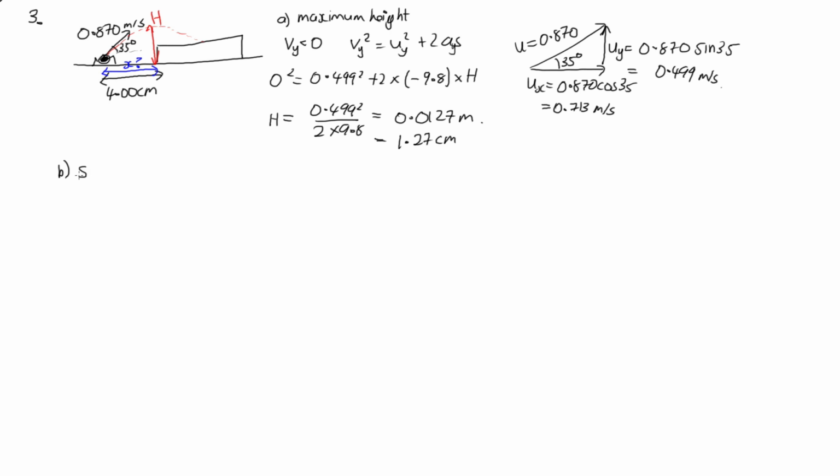So horizontally we can use s is equal to ut plus a half at squared, except that this thing here is 0 because there is no acceleration. So horizontally the displacement is just equal to the initial velocity times the time. So if we knew the time it took to get to this maximum height, we have ux over here, so we could find this distance here. So we need to find the time.